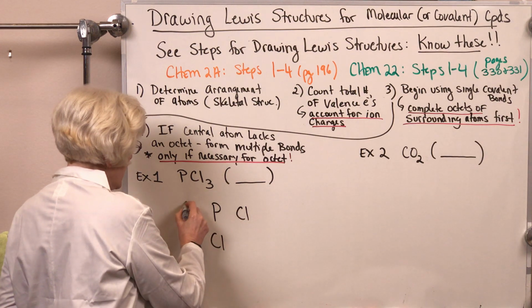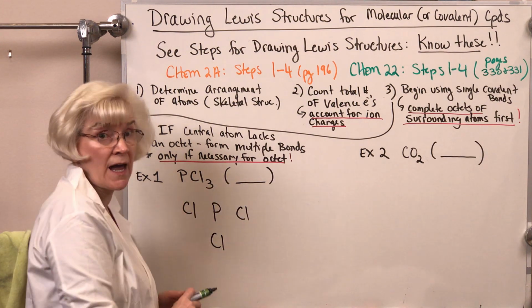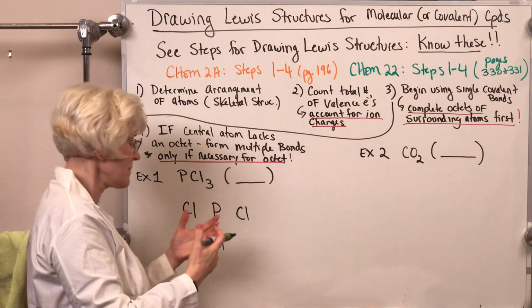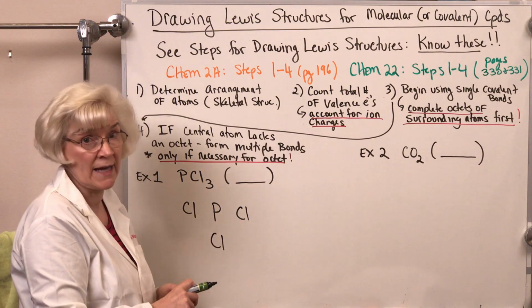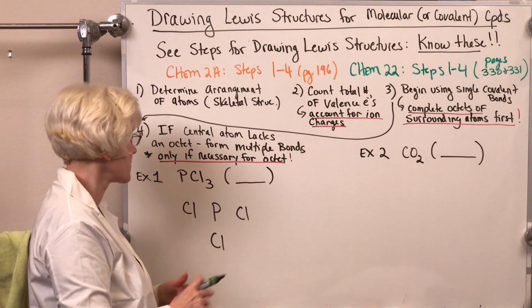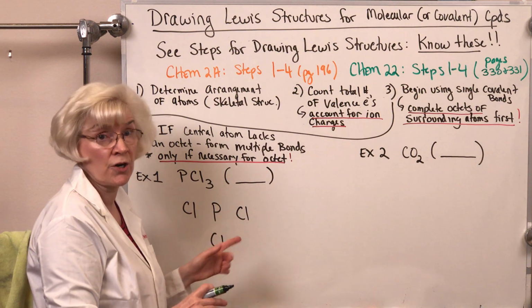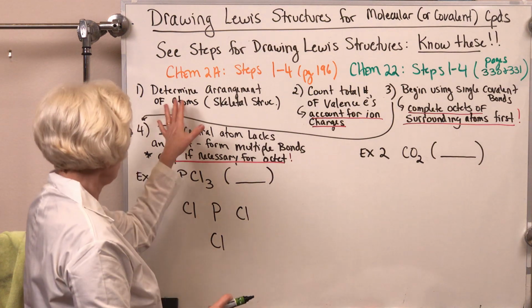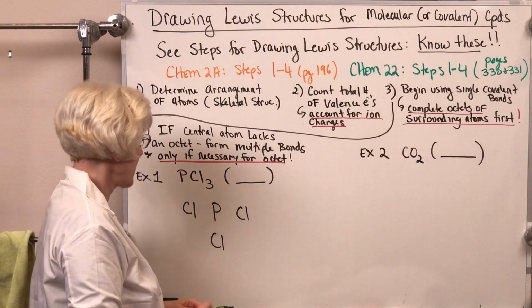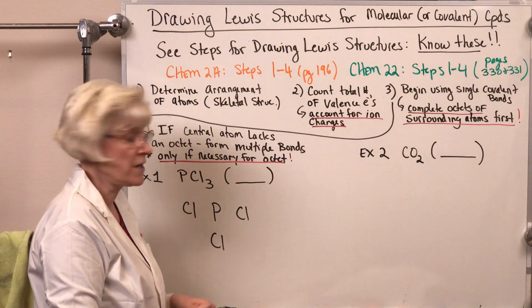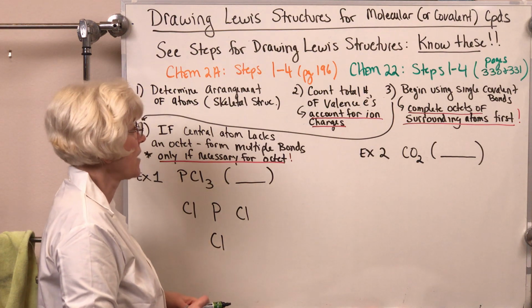If there are many of another type of atom, there's 3 chlorines, then the 3 chlorines are usually terminal atoms. So we've done step 1, we've come up with a bonding sketch for phosphorus trichloride.